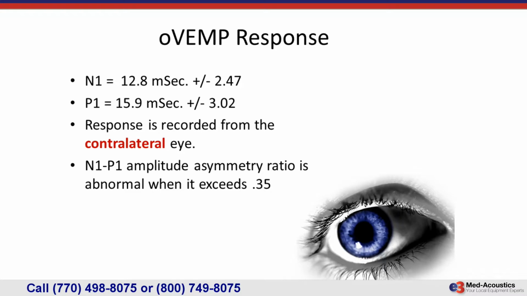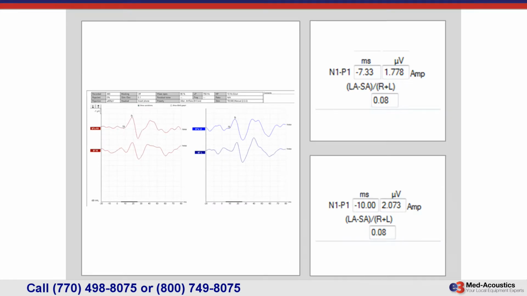And we're going to get a response where N1 is around 12.8 milliseconds plus or minus, and P1 around 15.9 milliseconds. The response, as I said, is from the contralateral eye, and of course what makes it abnormal is when the asymmetry ratio exceeds 0.35, just like it did in the C-VEMP.